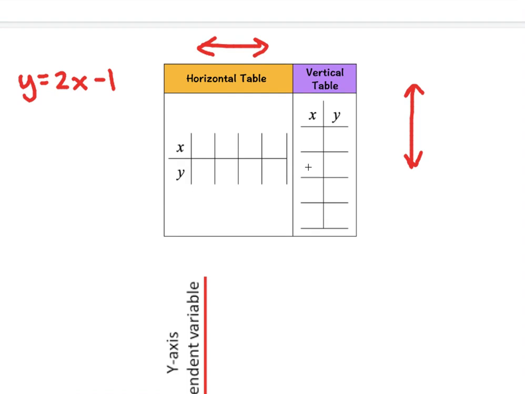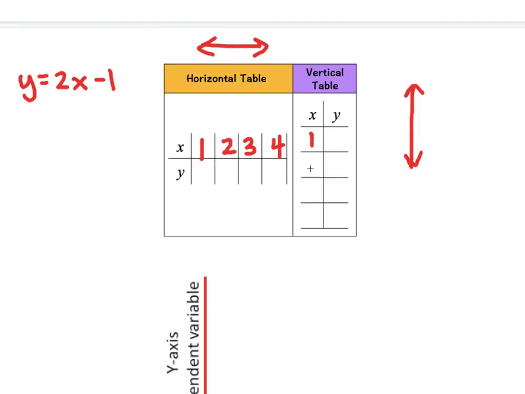For the x values, I'm just going to put in numbers, like 1, 2, 3, and 4. Remember, your x values are your independent variables, so it doesn't really matter what they are. The y values you can't make up because that's going to depend on what the x is.